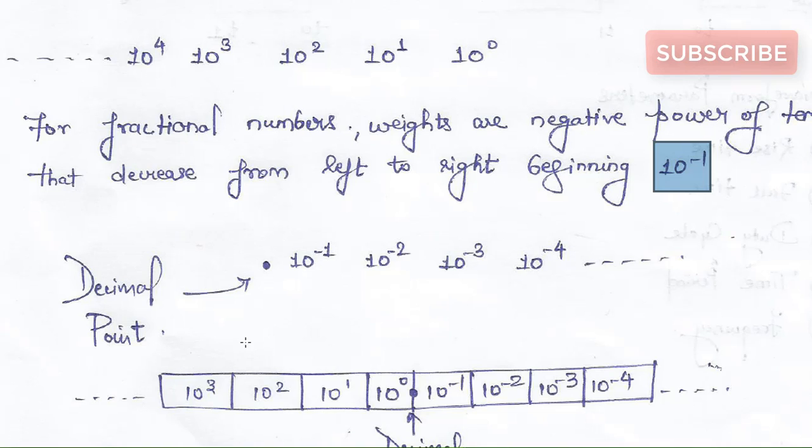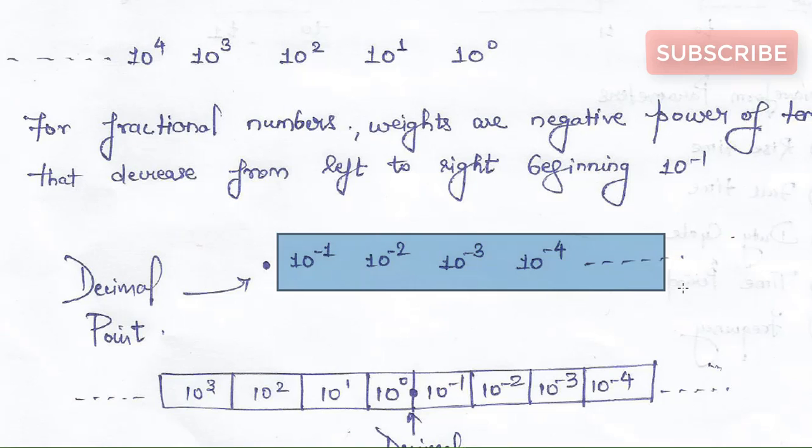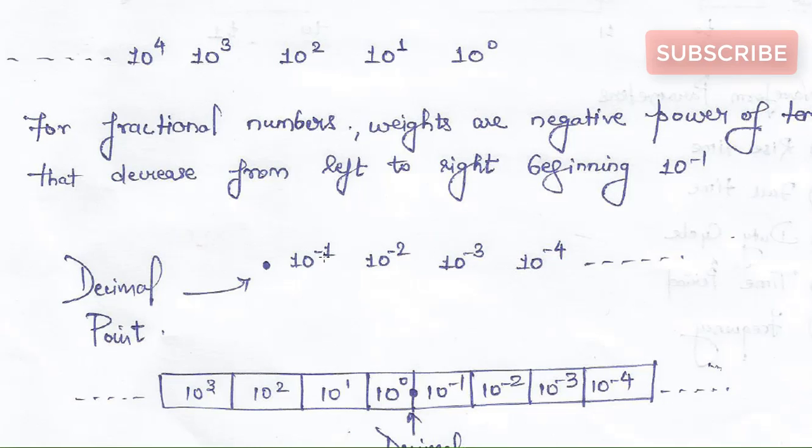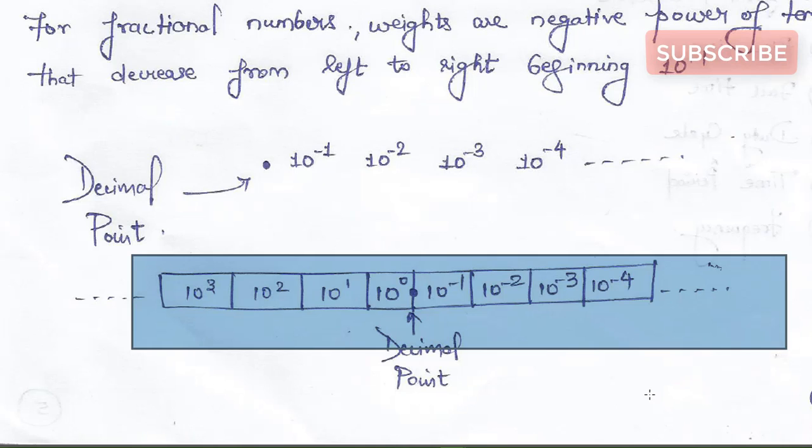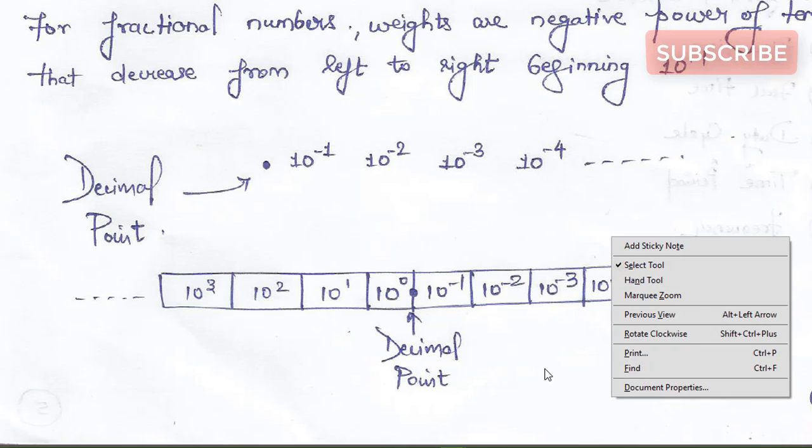So when the numbers are in decimal form, after the decimal point the weights become negative powers of 10 from left to right. Here you can see the overall weights of 10 in the decimal system.